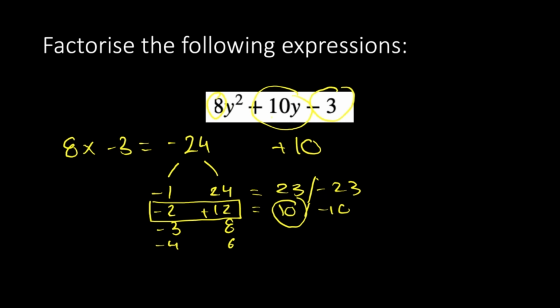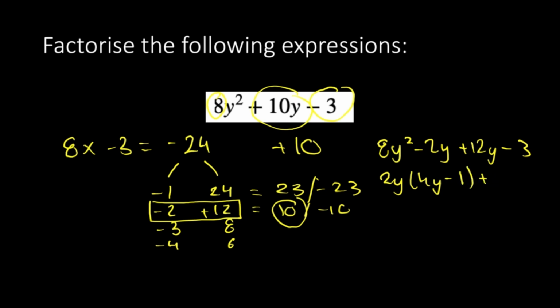Now again, you split the 10y into minus 2y and plus 12y. So it will look like this. 8y squared minus 2y plus 12y minus 3. Take the common factor out, which will be 2y. So this will turn into 4y minus 1.